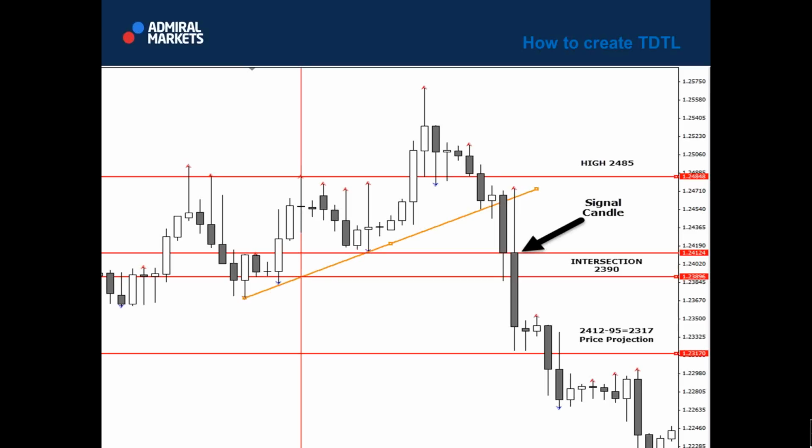This is the next candle open. You see where the price is heading? This is where you open the trade. At the open of this candle, that is when you open your trade.